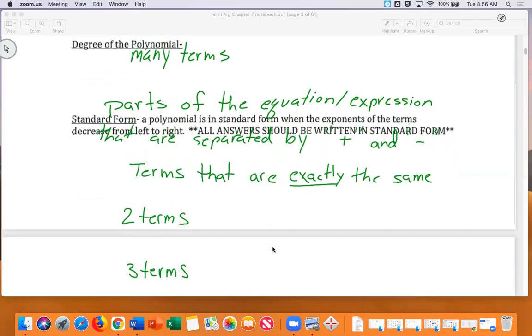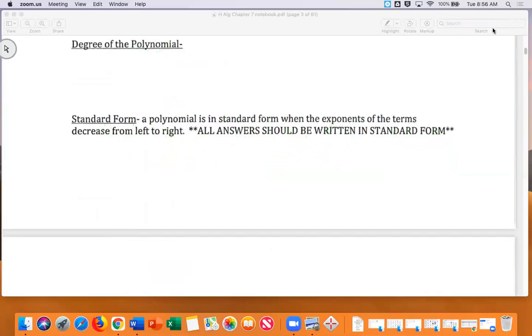Now, the degree of a polynomial, and this is what Mrs. Simonian was talking about earlier. Monomials are different. That's why they have their own page. They're a little weird. But a polynomial is what we're going to be talking a lot about. So the degree of a polynomial is the largest exponent. It's just the largest exponent.